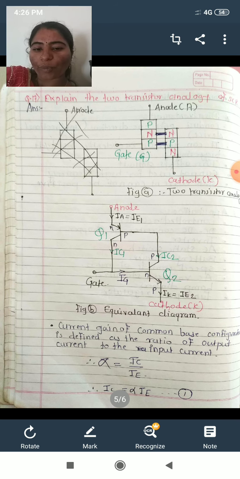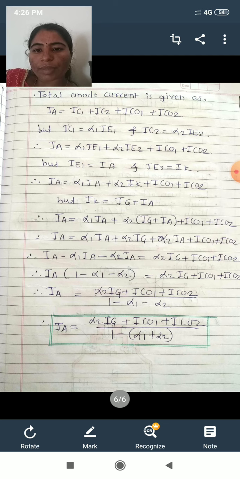So IE1 is equal to IA and IE2 is equal to IK. Putting these values in the above equation, we get IA equals alpha 1 IA plus alpha 2 IK plus ICO1 plus ICO2.